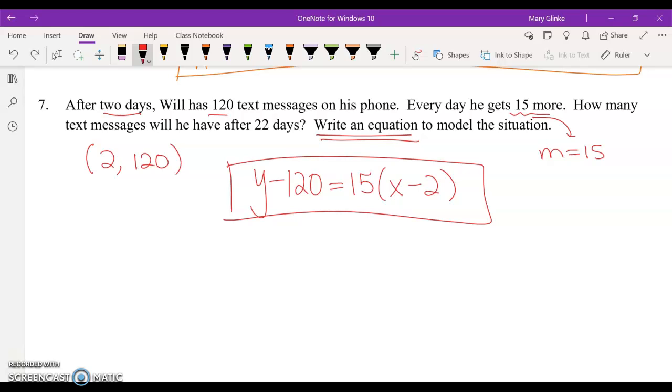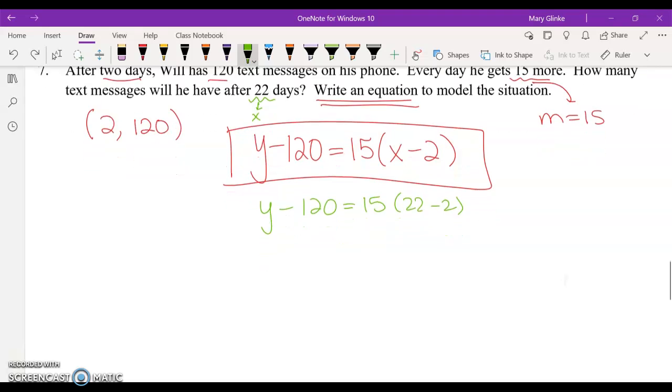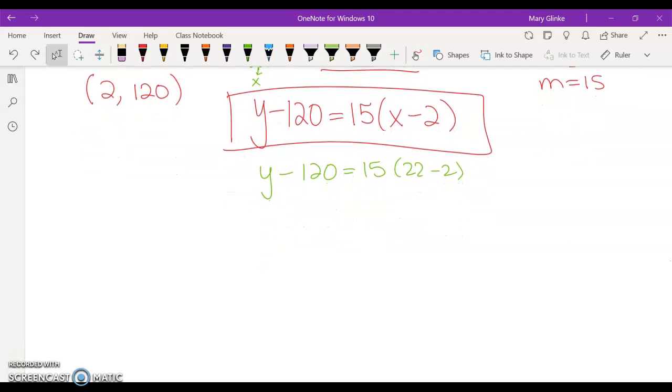Now it says how many text messages will he have after 22 days? 22 days is your x value. So in order to do this one, we can plug in 22 for x, and we can then solve this for y. So we would get y minus 120 equals 15 times 20.